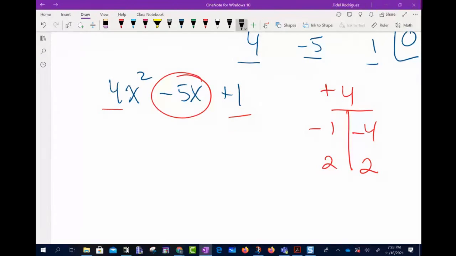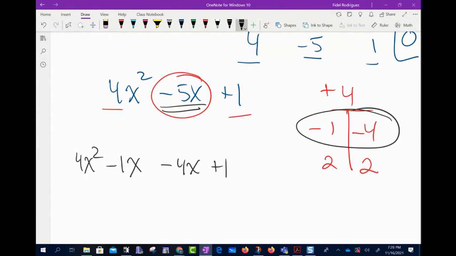Okay, so now let's go ahead and write this out. 4x squared minus 1x minus 4x plus 1. All I did is rewrite this middle number using those two. That's really all we're doing here. Now let's look at this part: what can we take out?